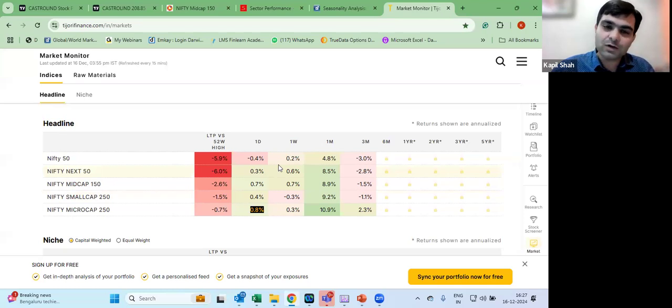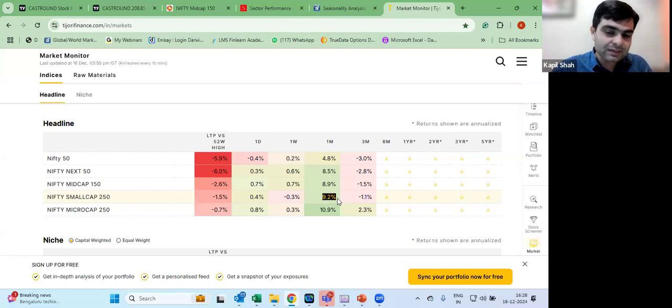Lower the time frame, more the noise that we have. But if I'm looking at 1 week data, I understand the 0.2% is my weekly gain, but my small cap, mid cap, and micro cap are doing well. On a monthly basis, I understand that except the Nifty 50, which is just 5%, the other performances are better: micro cap has outperformed by double, small cap has been 9%.